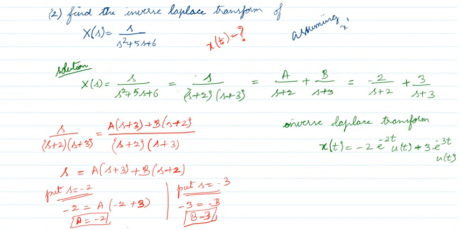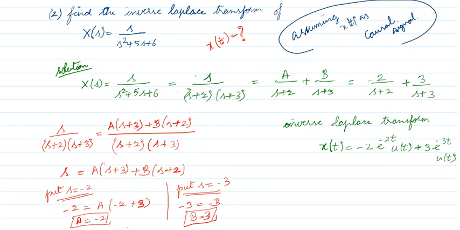We are assuming x of t as a causal signal. Assuming x of t as causal, we can write it like this.